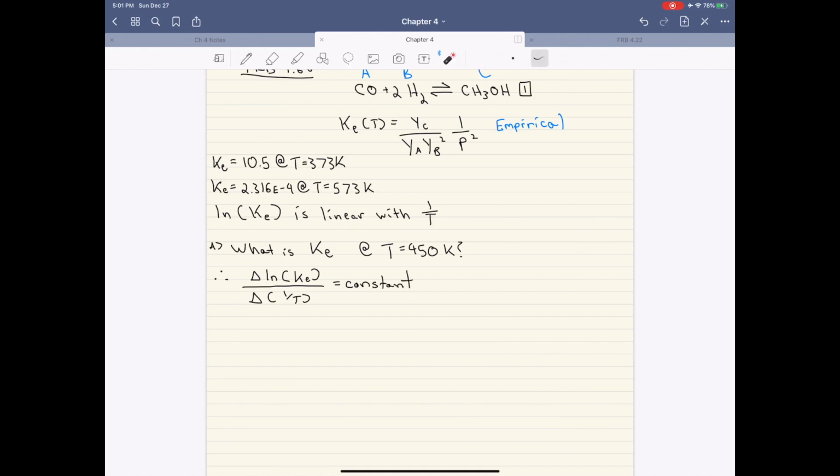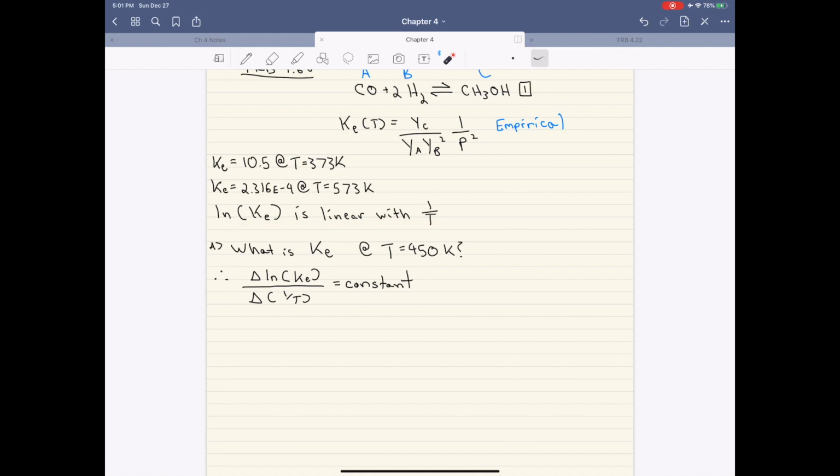Essentially, if we took the difference between two values of the natural log of the equilibrium constant at two different temperatures, and put that over the difference of the reciprocal temperatures, that ratio is going to give us a constant. That's what this linear piece of information tells us.